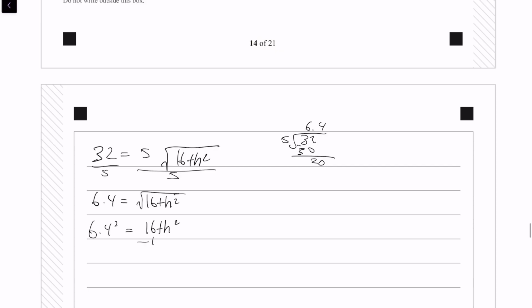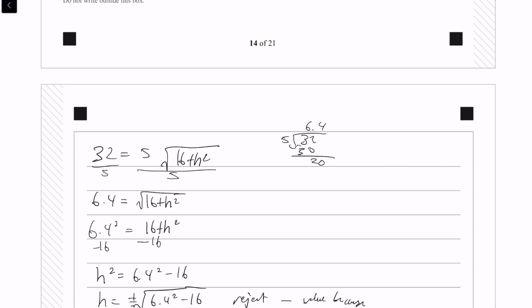And then what we can do here now is minus 16 on both sides. So we're just going to get h on its own. So we're trying to find that expression for h, okay? So h squared equals 6.4 squared minus 16, and h is therefore equal to plus or minus the square root of 6.4 squared minus 16. But we reject the negative value because h is a length.